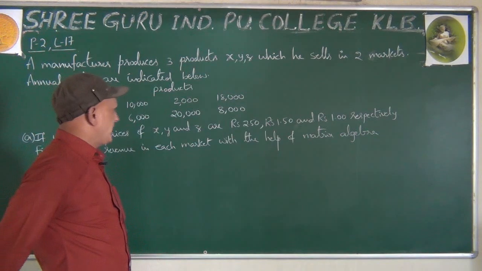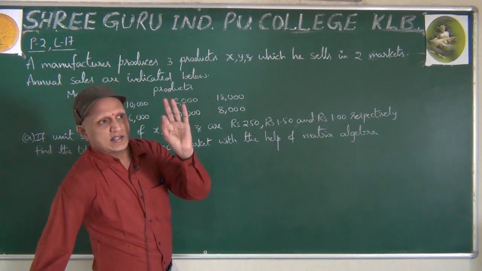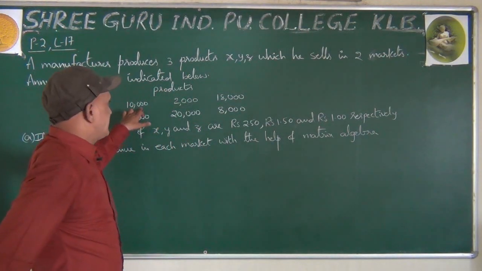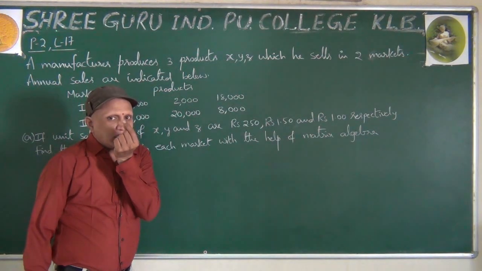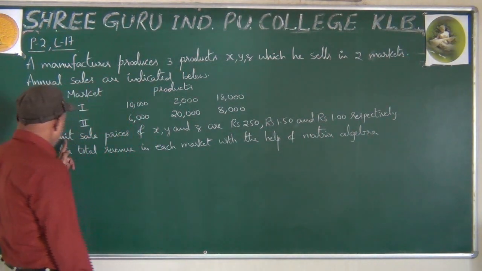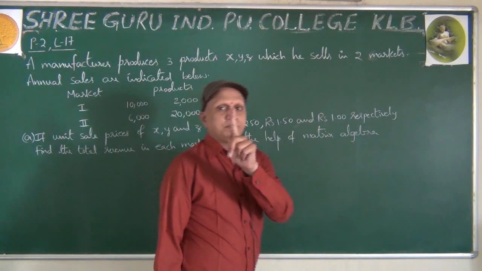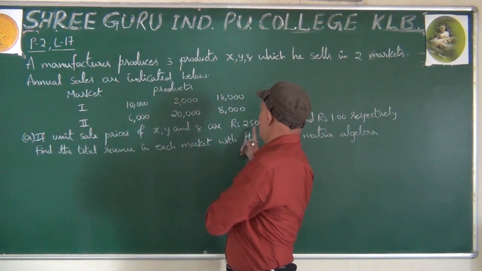What does it mean? Unit price means, for example, product X means, for example, pens. In first market, he can sell 10,000 products. Each unit sale price means each one single one. Indirectly, each pen costs 2 rupees 50 paise.